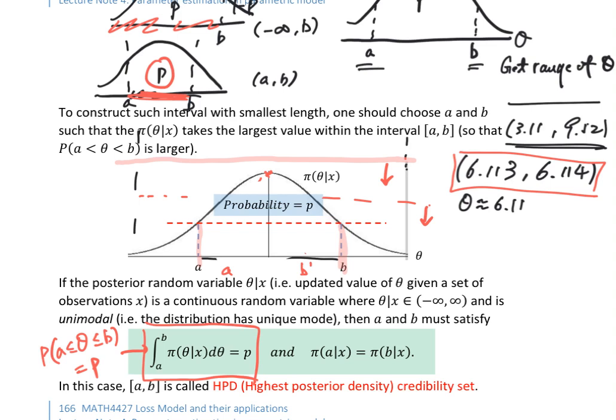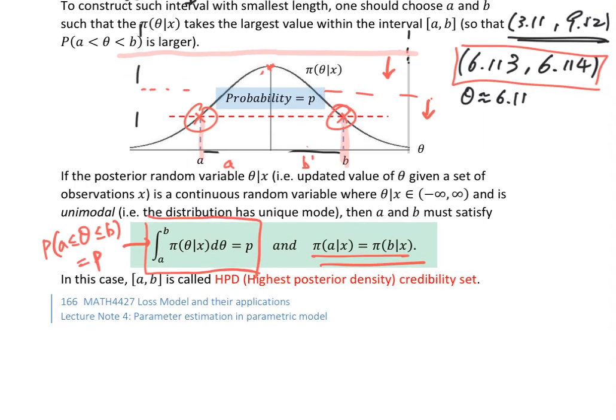Another thing is that at A and B, the PDF values are the same, which gives you another equation for A and B. With these two equations, you can find your credibility interval.